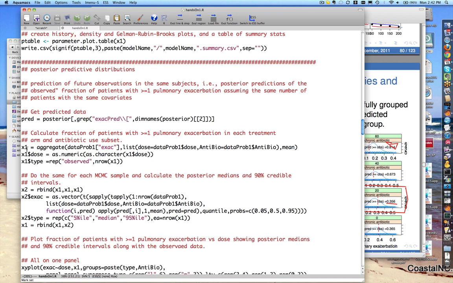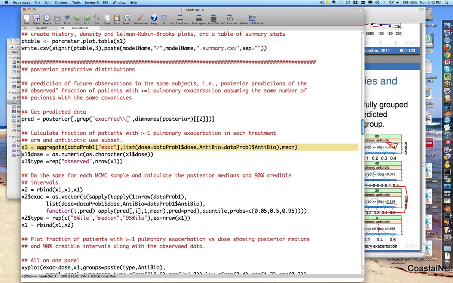And the first step I go through in here is I'm going to calculate the fraction of patients with a binary exacerbation in each treatment arm and antibiotic use subset. So I have to break out the data by both dose and by whether or not they're taking antibiotics, and that I do using the R aggregate statement.